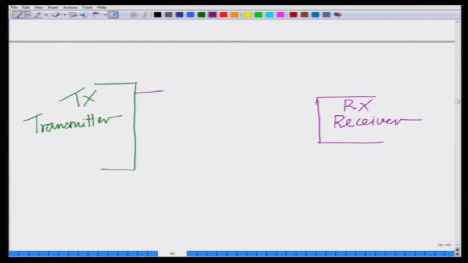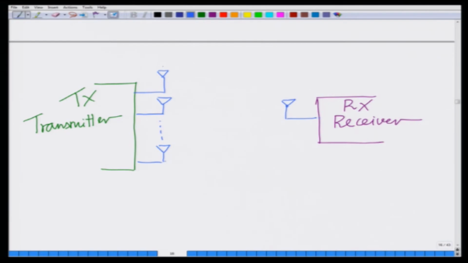Let us say I have multiple antennas at the base station, that is, not just a single antenna but more than one antenna at the base station, and I have a single antenna at the receiver.